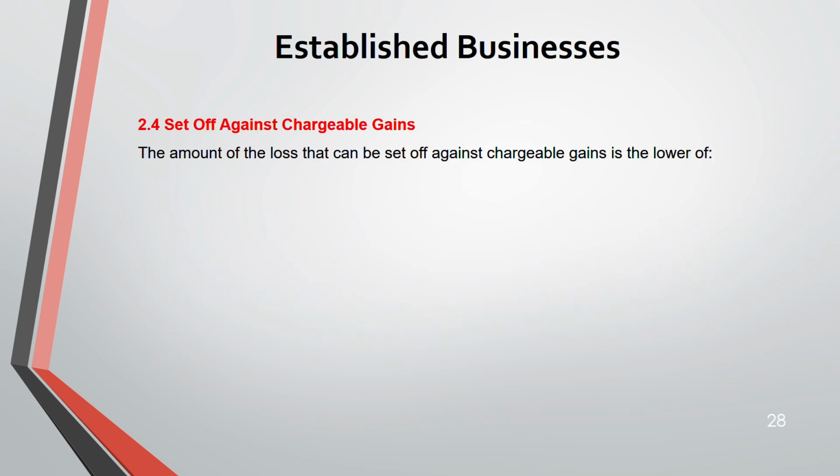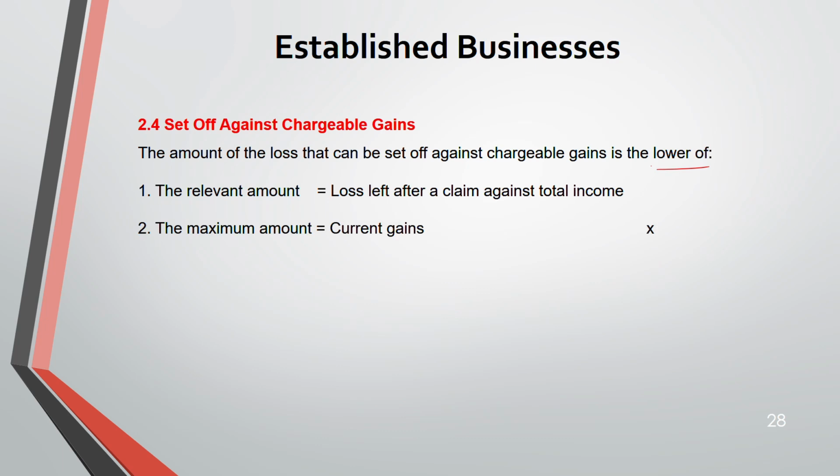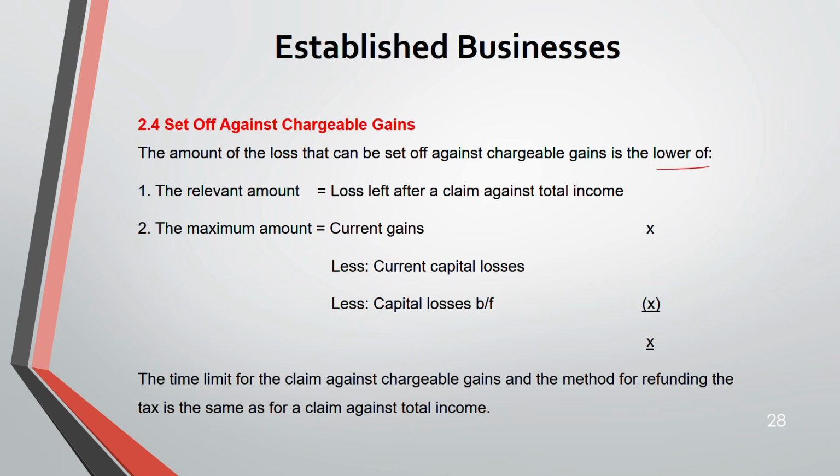The amount of loss that can be set against chargeable gain is the lower of the relevant amount or the maximum amount. The relevant amount is the loss left after claim against total income, and the maximum amount is the current gain, less current capital loss, less capital loss brought forward, whichever is the lower.